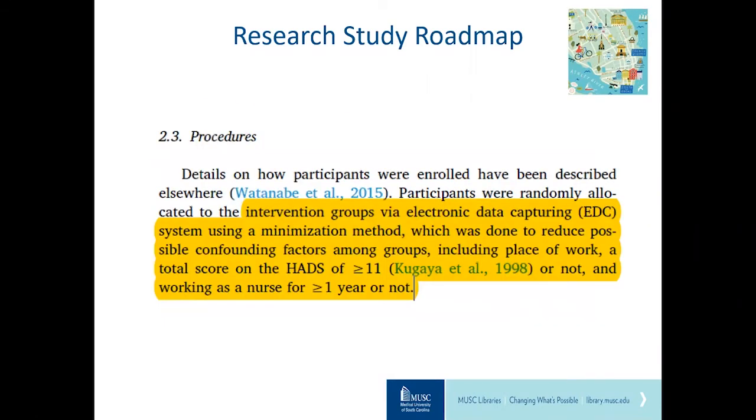And then to take it a step further, the procedures section gives details about that randomization procedure. They talk about using a minimization method. Minimization is a dynamic randomization algorithm that's really designed to minimize imbalances between treatments, taking stratification factors into account. So they did not just do a simple randomization, but a complex randomization in this study.